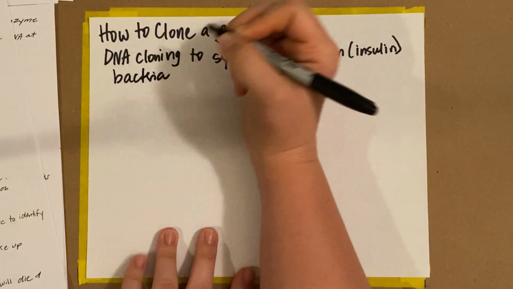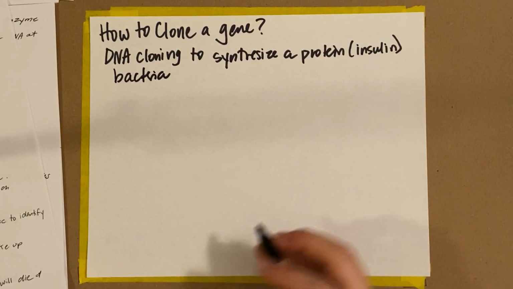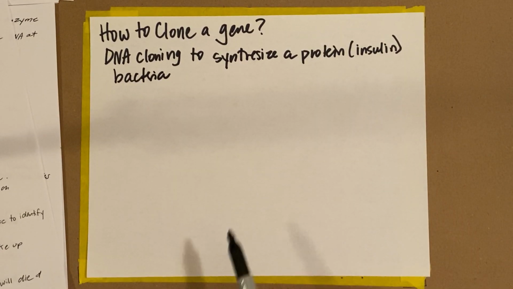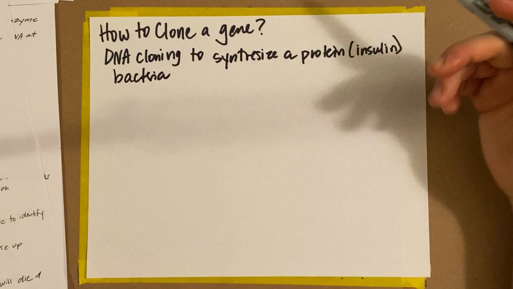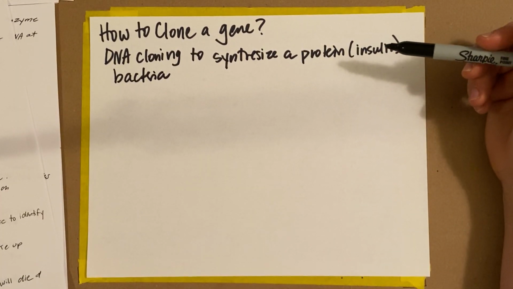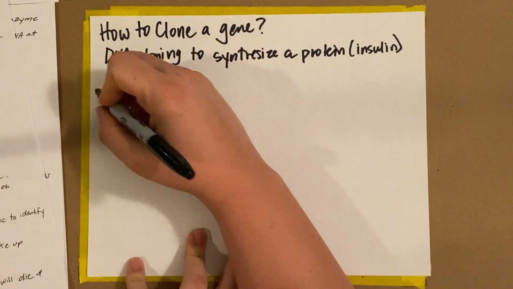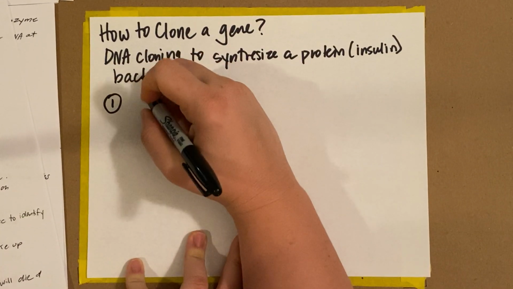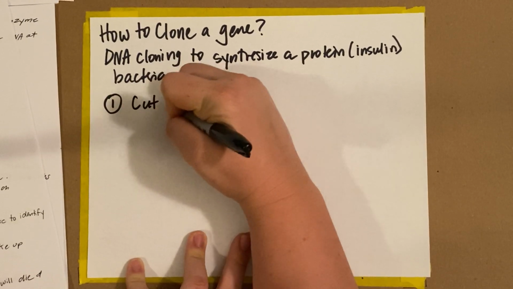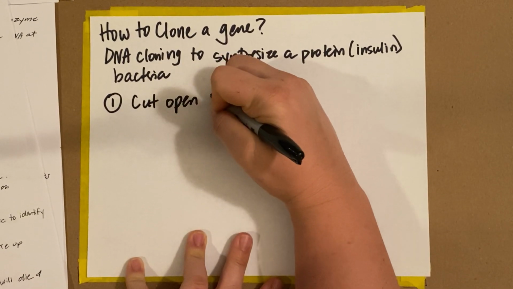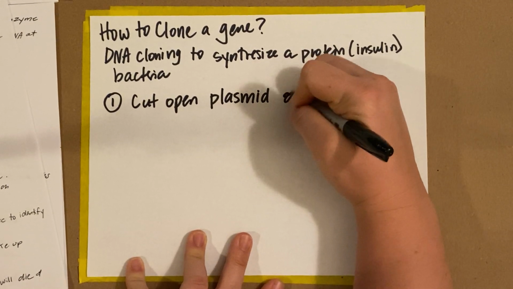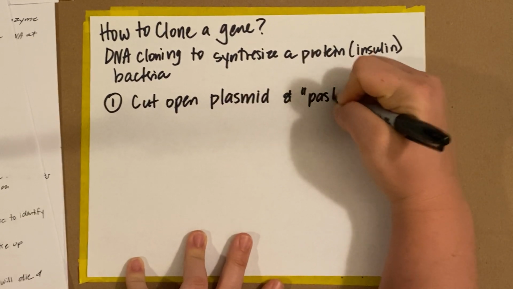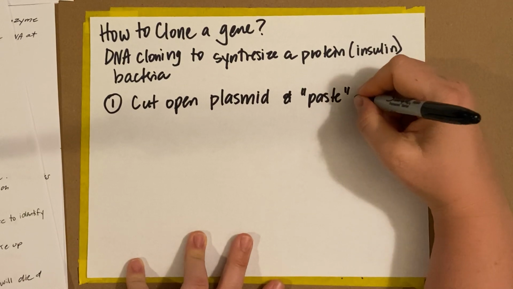So we're going to take a bacterial plasmid and we're going to put in the DNA sequence that's going to code for the protein insulin. All right, so the first step of this process is that you actually have to cut open the plasmid, and then you paste in the gene.